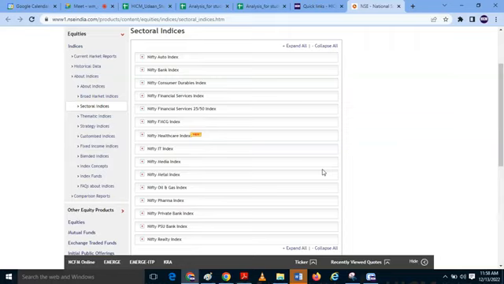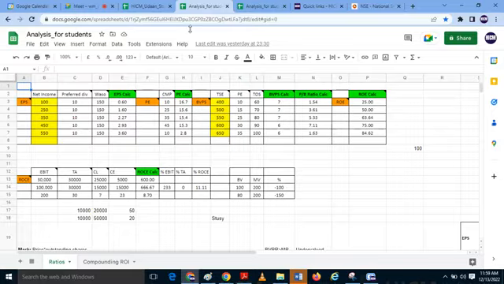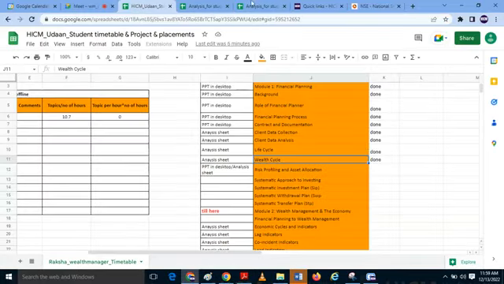Earlier when corona was there, IT was performing well and banking was down. So the hedger's work is actually to diversify the money. If they have 100 rupees, they will diversify the money between different sectors, or between different asset classes. Like they can buy equity and gold.